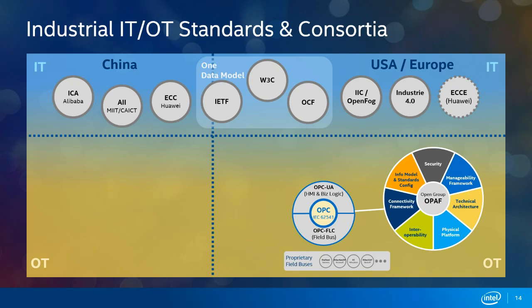The connectivity framework within OPAF as a standards of standards, we point to the OPC Foundation's Unified Architecture Group. And then within the OPC Foundation, we developed a new group called the OPC Field Level Communication Group. And the Field Level Communication Group is about 40 to 50 companies in the industry that are all trying to solve issues around conversions and interoperability and the communication space in factories. How do we get all these devices all speaking the same language?